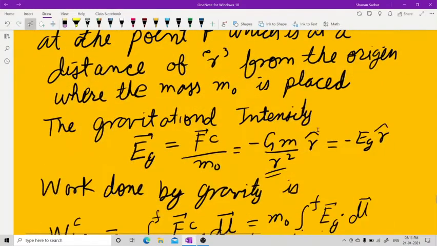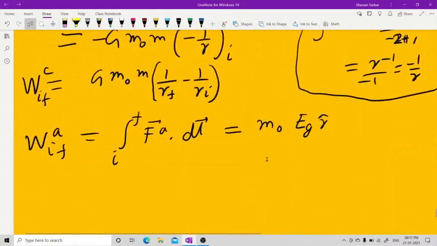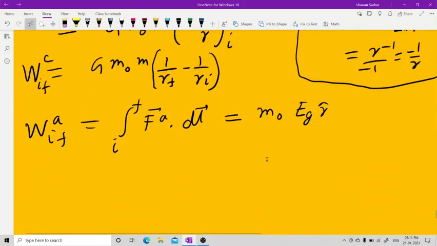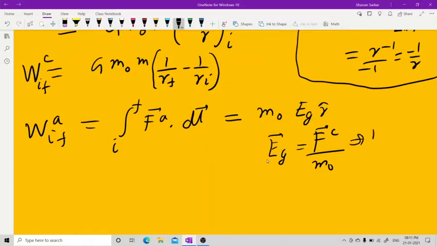That means if eg is this quantity, then FC is m naught eg. Let me write it down for you, and it will be easier for you to understand. In bracket, I'll write it. See, your FC by m naught vector was eg vector. So this gave you FC vector came out to be m naught eg vector, right?